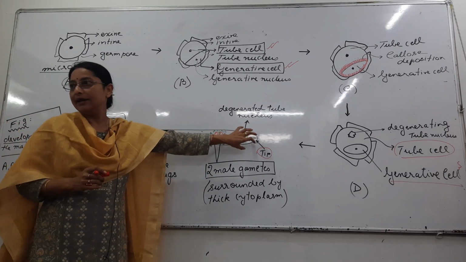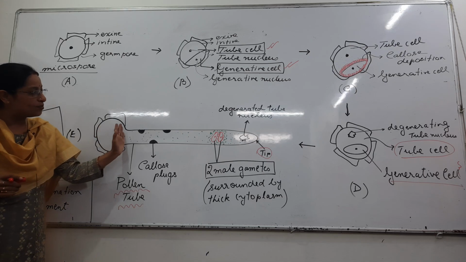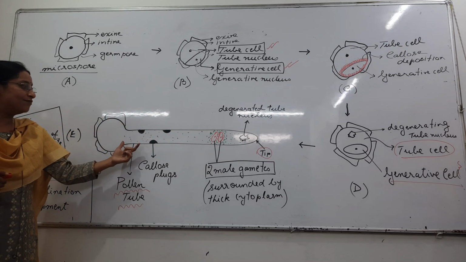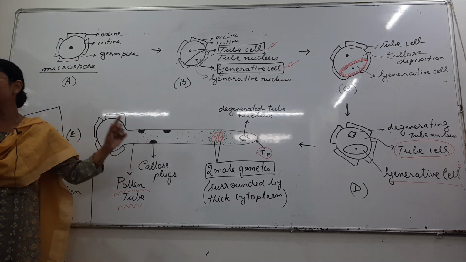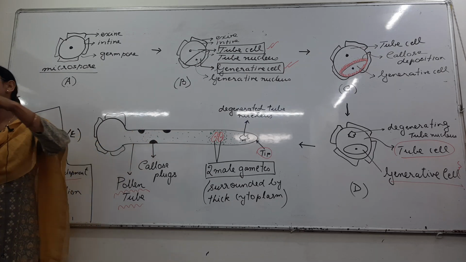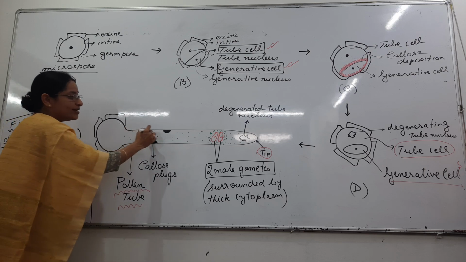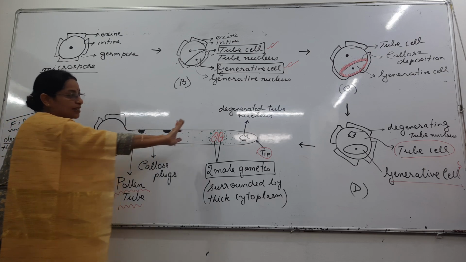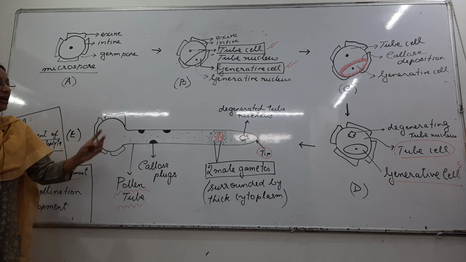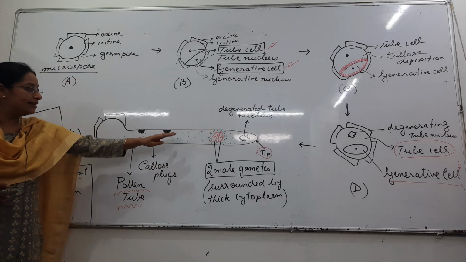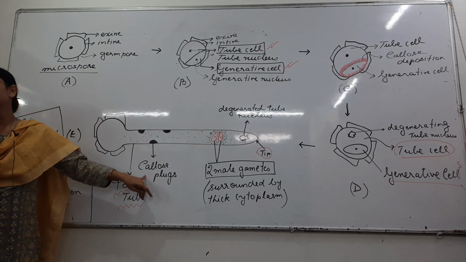So what happens is, as the pollen tube keeps on growing, now we know that at the first time itself, the pollen tube was very small and gradually it started growing, right? So when it was small, the tip was here, gradually when it became bigger, the cytoplasm moved towards the tip. So this old cytoplasm and the new cytoplasm got separated by callose plugs.